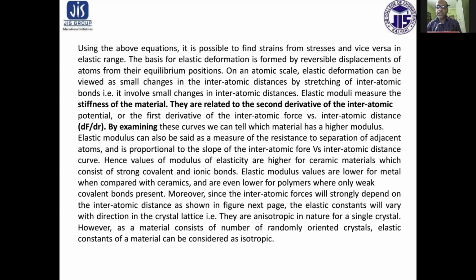Elastic modulus can also be said to be a measure of the resistance to separation of adjacent atoms and is proportional to the slope of the interatomic force versus interatomic distance curve.